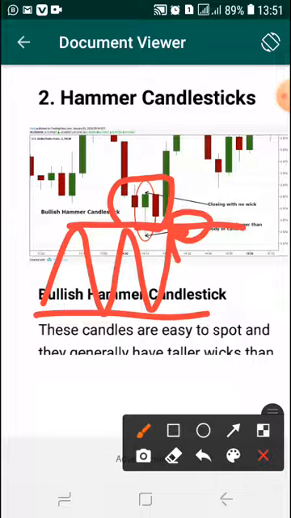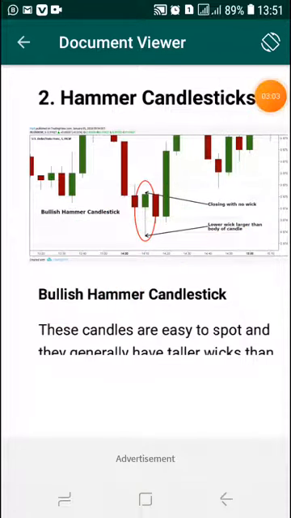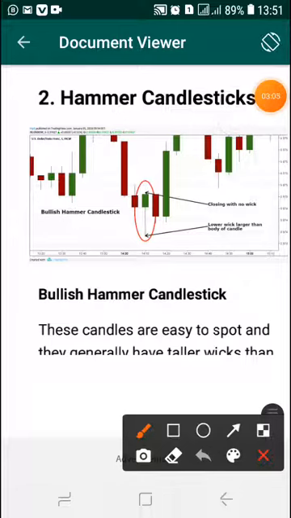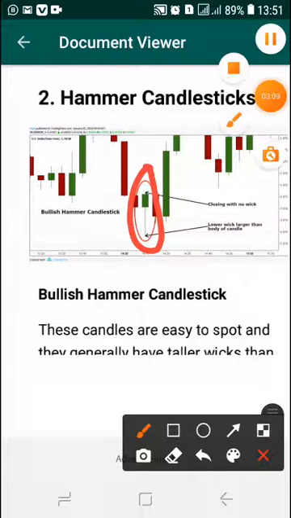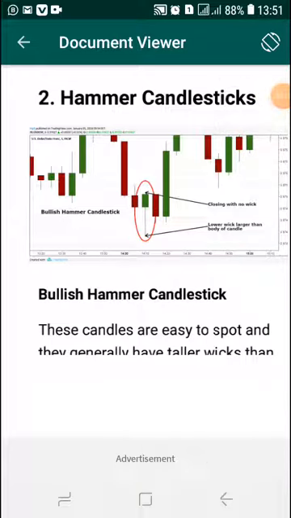So as you can see, the hammer is bullish, and next to it came a bearish candle, and afterwards another bearish candle, and afterwards came a bullish candle, and then the pattern actually changed.